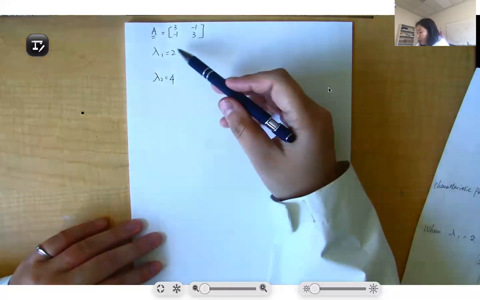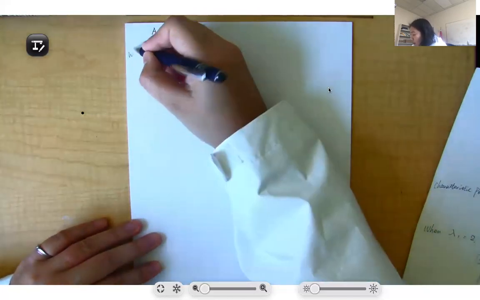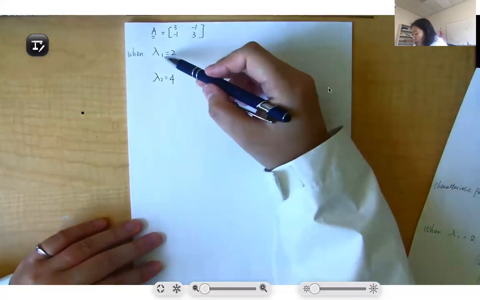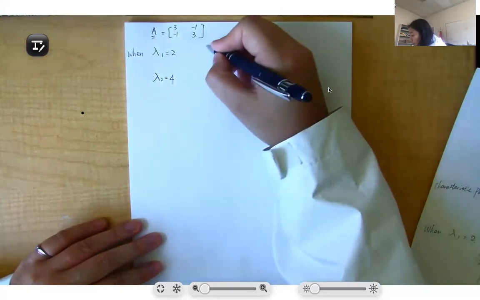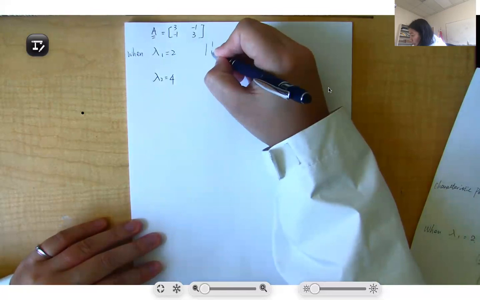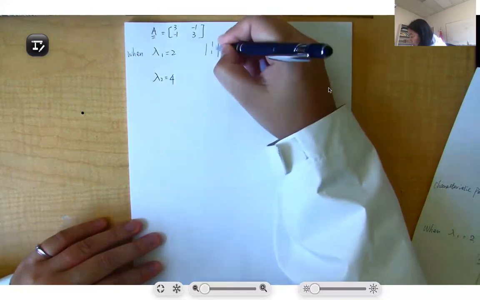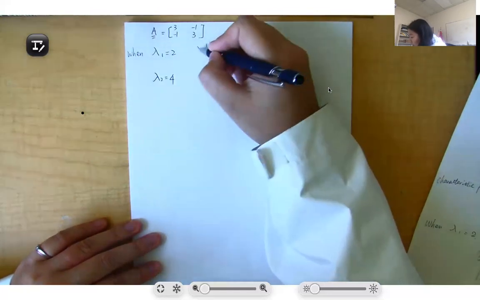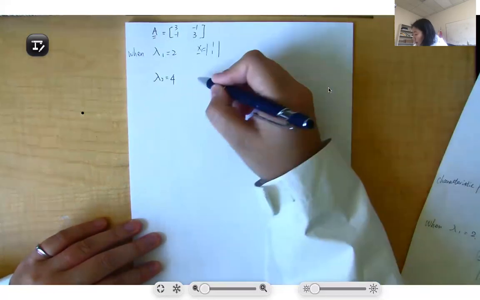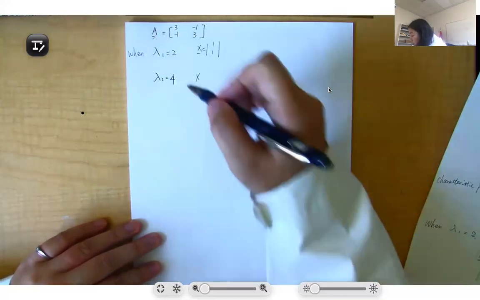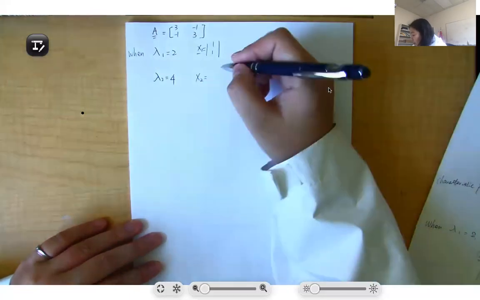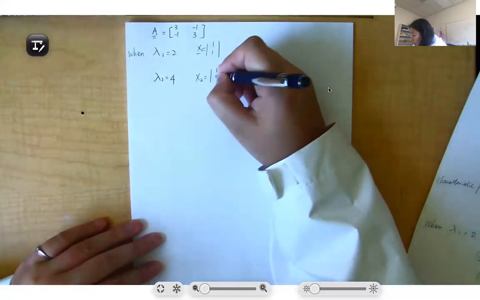When lambda 1 equals 2, your eigenvector is (1, 1). When your eigenvalue equals 4, the second eigenvector is (1, -1).